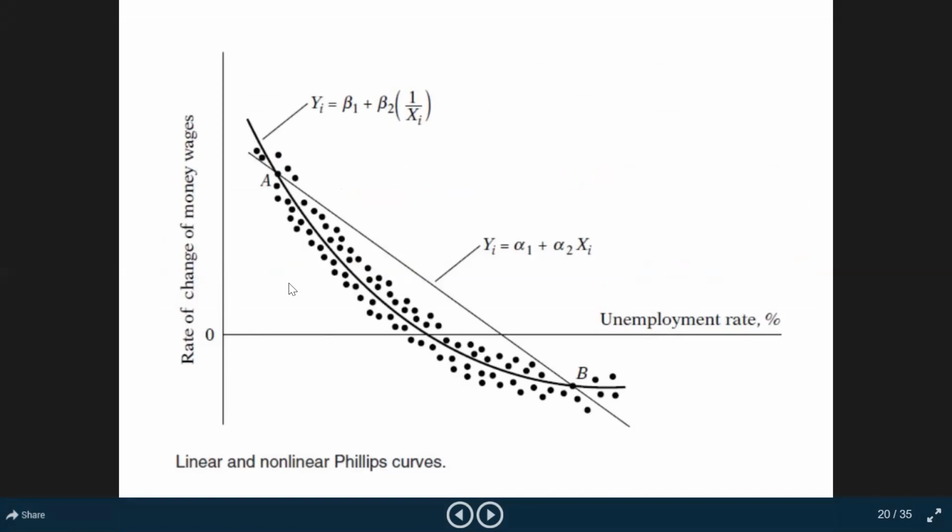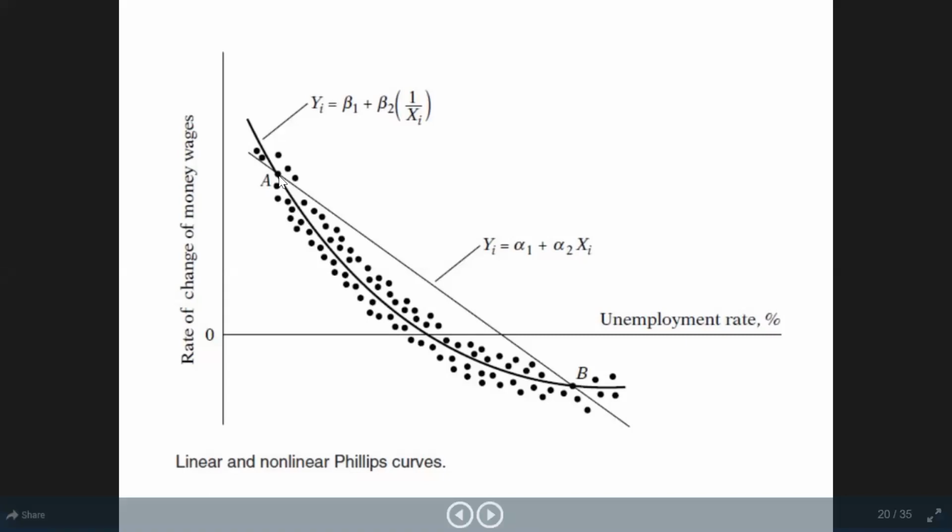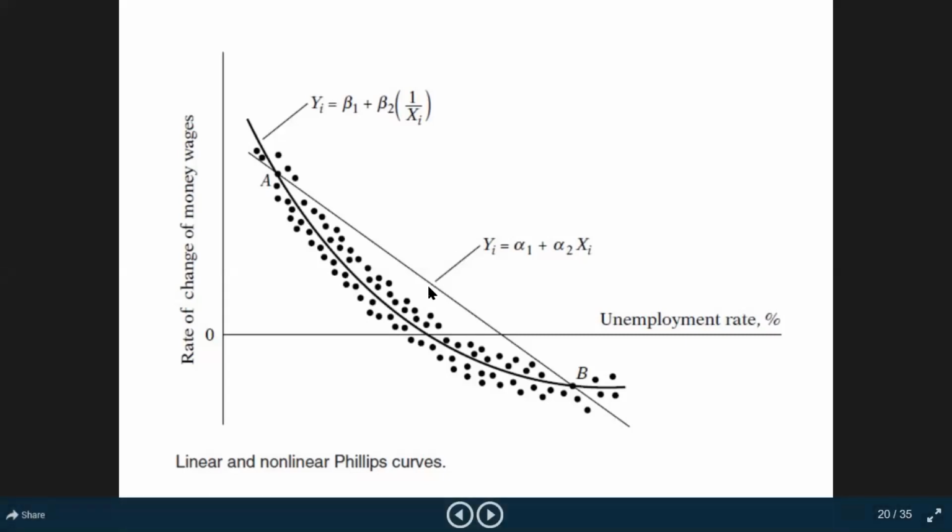This is an economic relationship between unemployment and the rate of change of money wages, and you can search on Google for the functional form between the two. It will usually follow the nonlinear Phillips curve, and on the other hand, this is the linear one. If you need the linear curve, and instead of fitting the linear model you fit the nonlinear Phillips curve, this will come in the category of changing the functional form of the regression.